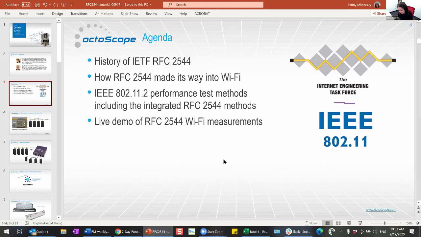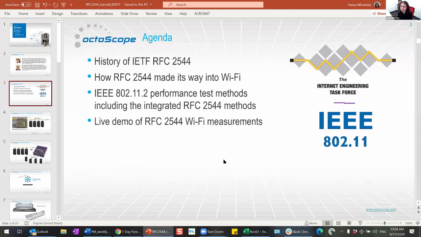I am probably the oldest person at octoScope, and I was there in the early 1980s, when Ethernet was born, and shortly afterwards, this RFC was born when Ethernet switches came about. So we're going to talk a little bit about that history, and I need to ask you to bear with me. It's all relevant. It may seem like I'm telling you a long story, but you will see why it's relevant and will be helpful.